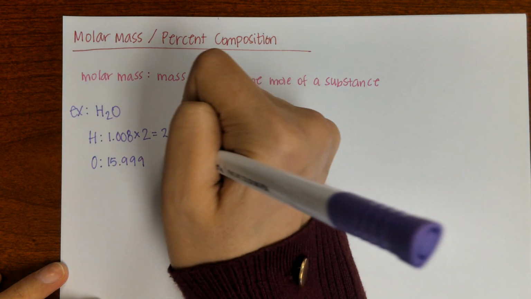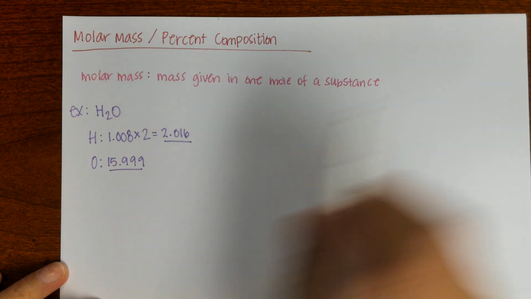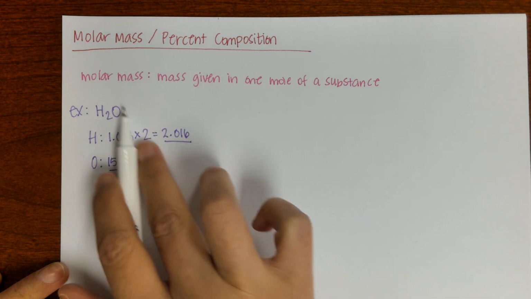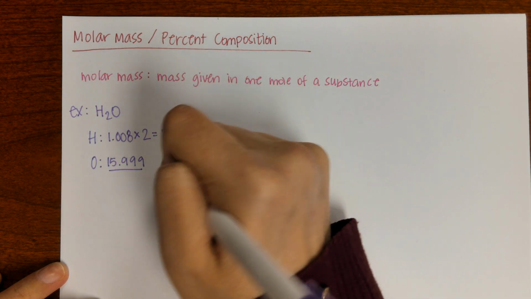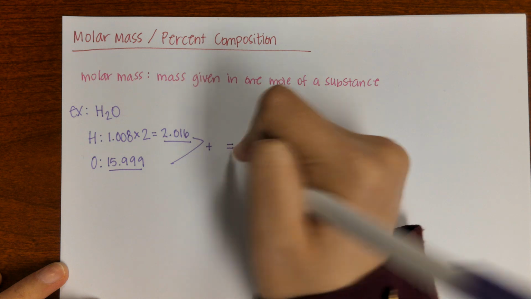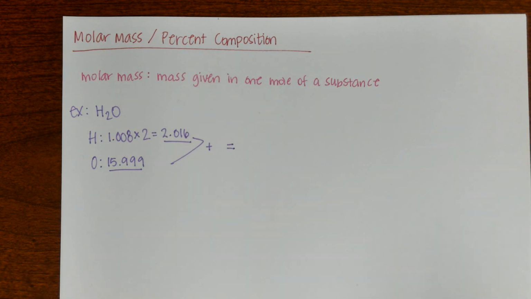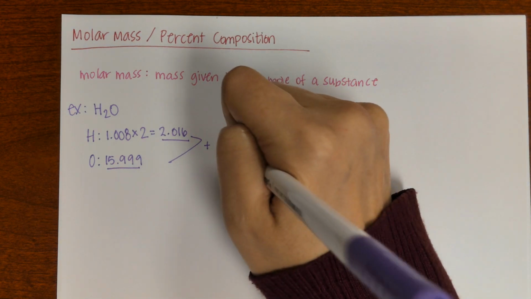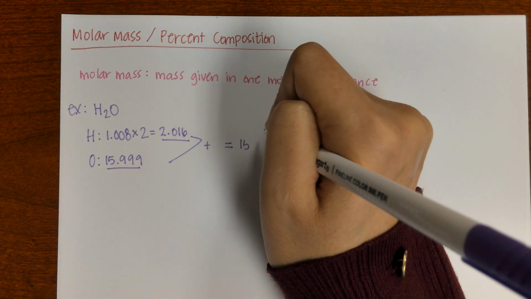And these are the molar masses separately for each element. If I want to ask you the molar mass for the entire thing, you simply add these together. So when you add 2.016 and 15.999, you should get 18.015.